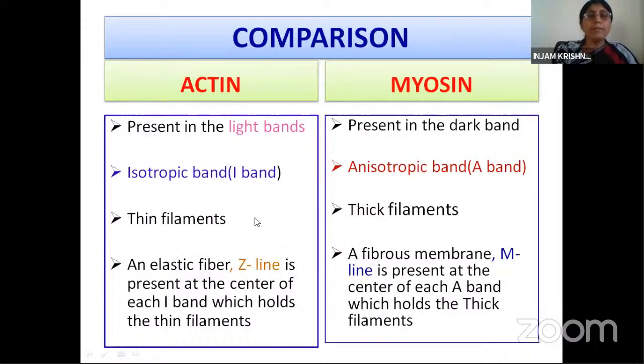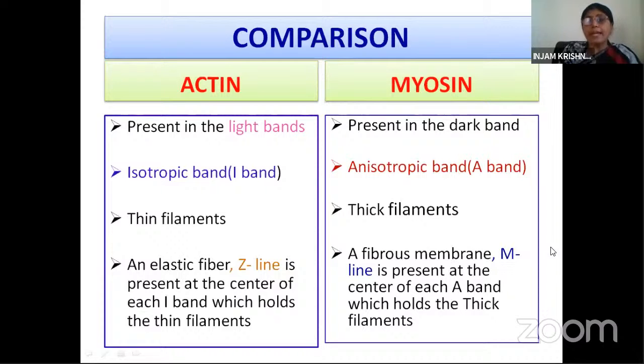These are the thin filaments. These are the thick filaments. An elastic fiber, Z line, is present at the center of each I band, which holds the thin filaments. Here, it is not elastic, it is fibrous.